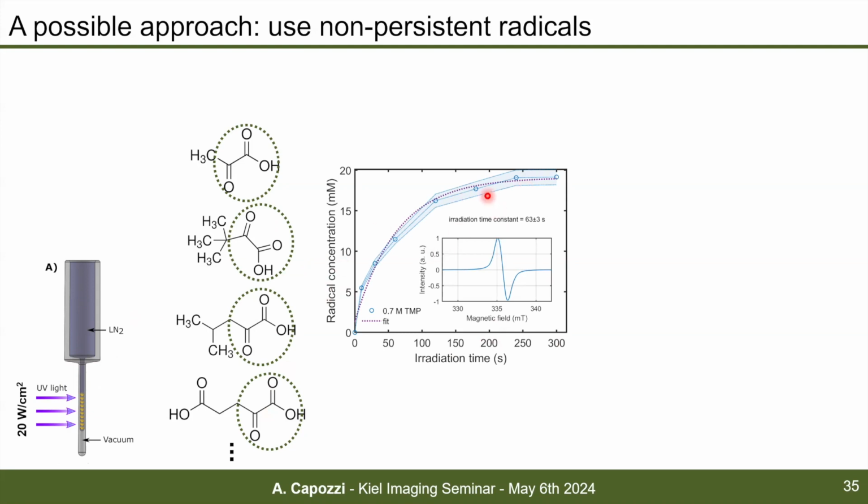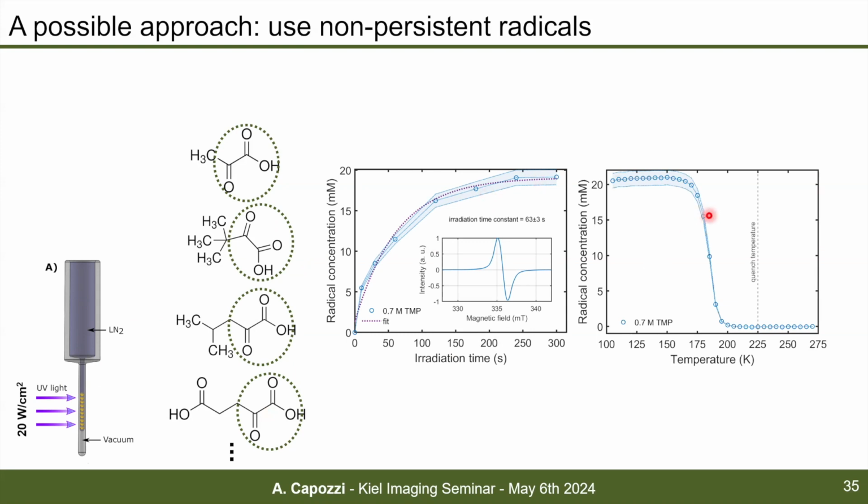So we are in the tens of millimolar radical. This is enough to perform efficient DNP even at high field, as I showed before, just by using microwave modulation. But most importantly, these radicals are stable below 200 Kelvin. But above 200 Kelvin, they recombine into non-magnetic species.